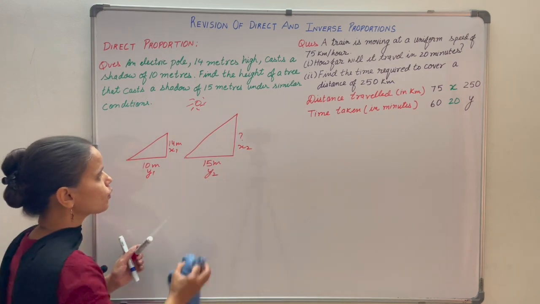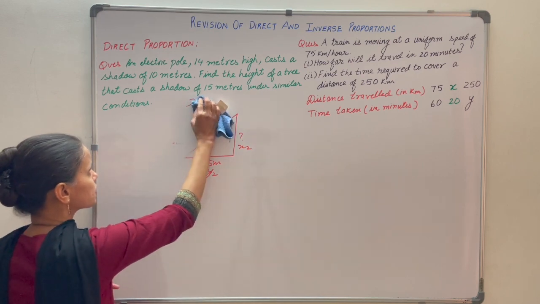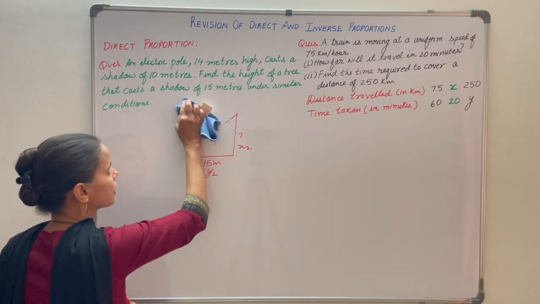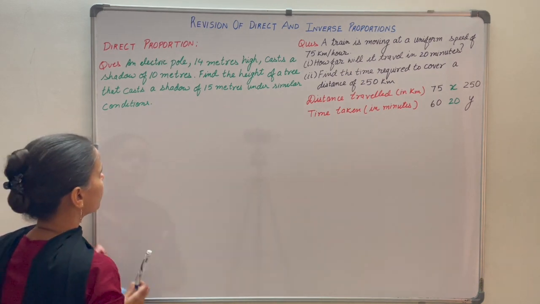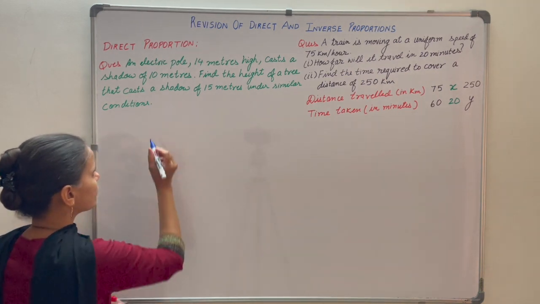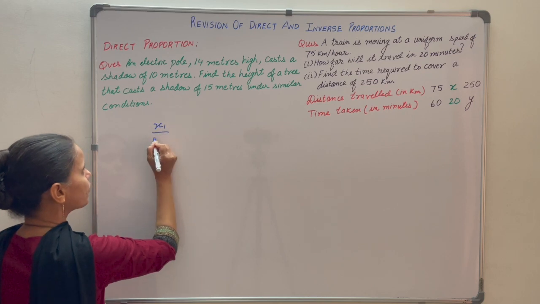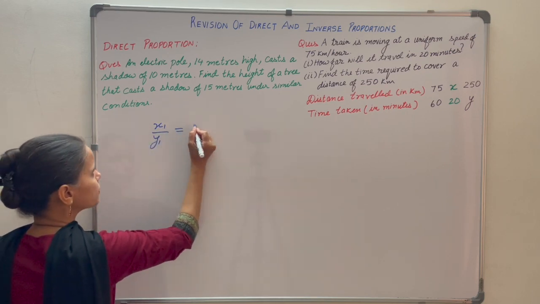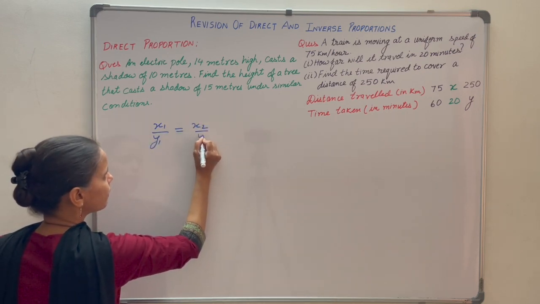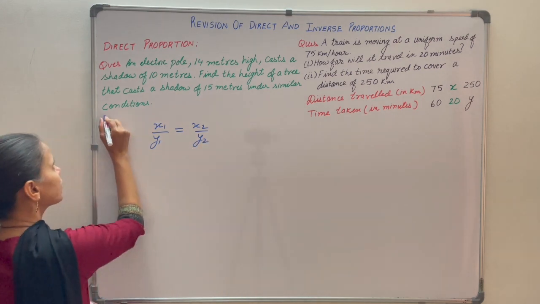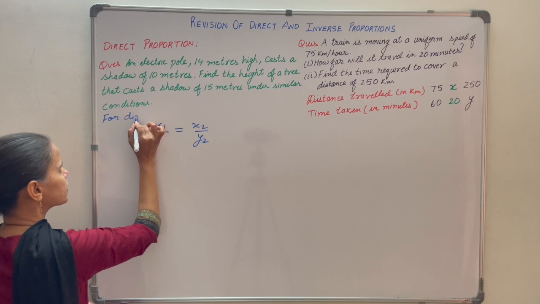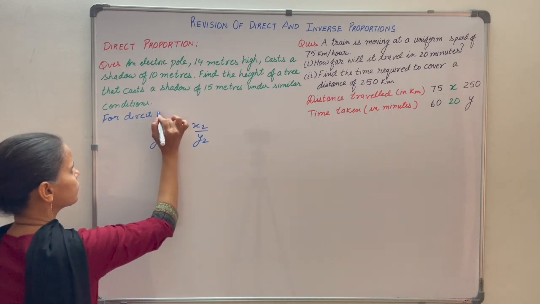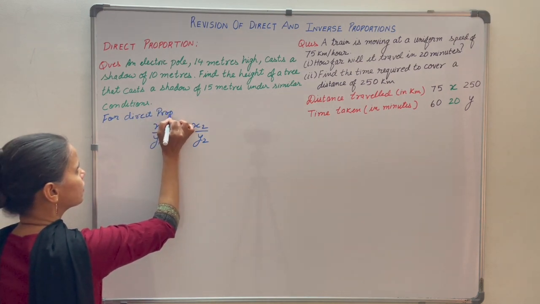So when the two quantities are in direct proportion, we just now discussed that x1 upon y1 is equal to x2 upon y2. So let us write it down. x1 upon y1 is equal to x2 upon y2. This is for direct proportion. Whenever the two quantities are in direct proportion, we have this formula.